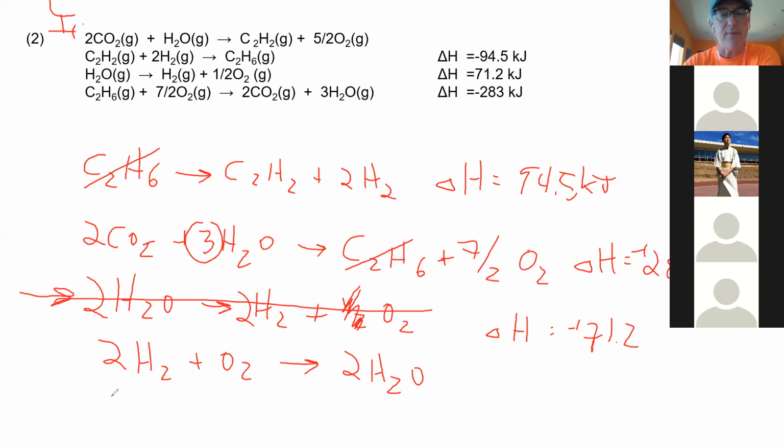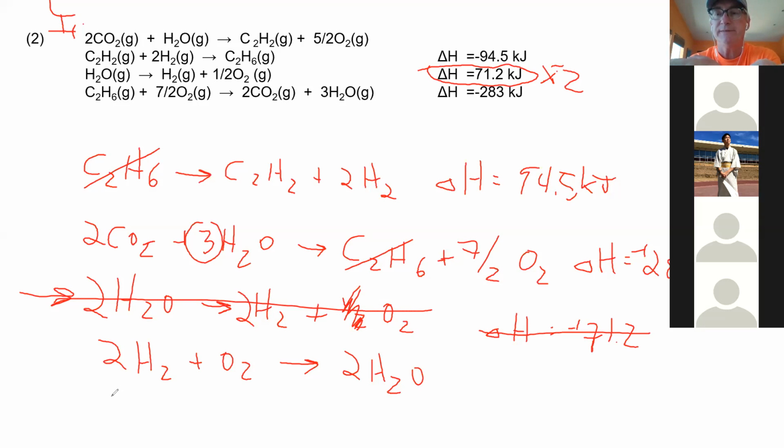So we'll flip it and we'll multiply it by 2. So what do we have to do with the heat of that initial reaction? Change it to negative and multiply it by 2. We need to multiply the reaction by 2, so we need to multiply the heat by minus 2 because we reversed it.